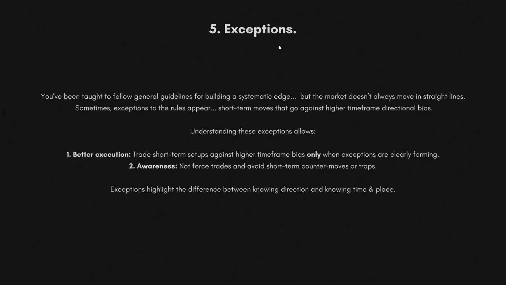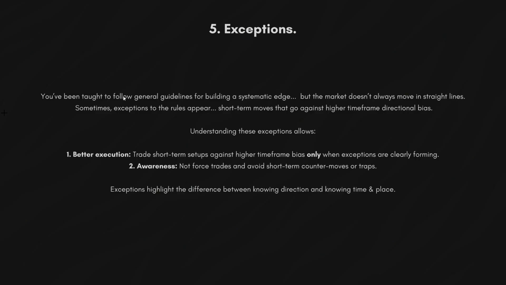Now, a common example of this would be that, let's say, the higher time frame directional bias for the week is bullish. The drawn liquidity on the weekly time frame is higher, and price has continued to trade higher for the past 4 days, from Monday till Thursday.